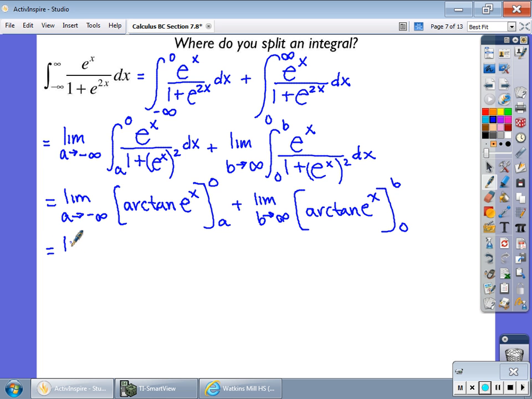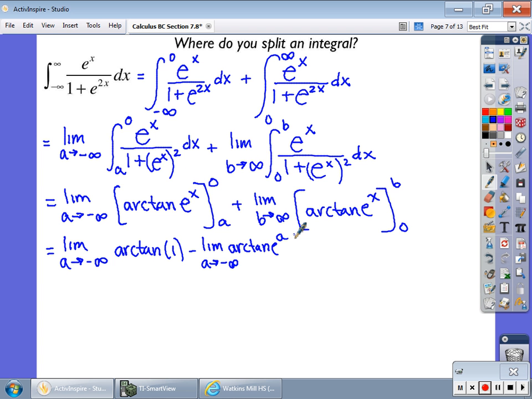So what we end up with when we do our substitution: arctangent of e to the 0. Well, e to the 0 is 1, and so we have the arctangent of 1 minus the limit as a approaches negative infinity, substituting the a, of arctangent of e to the a.